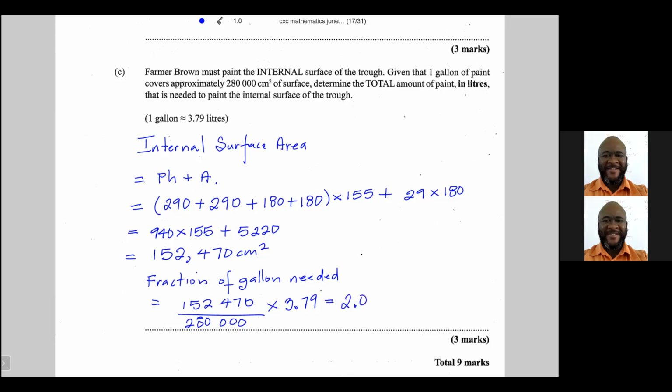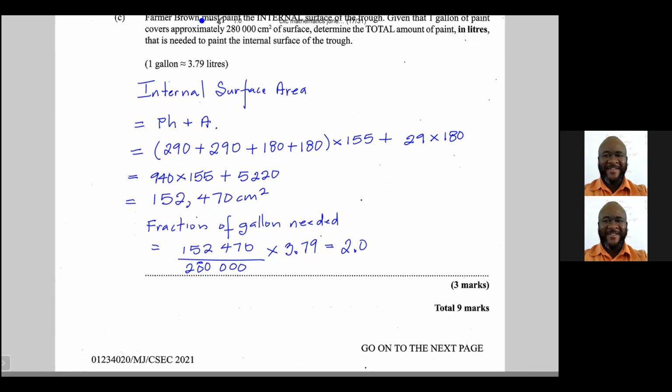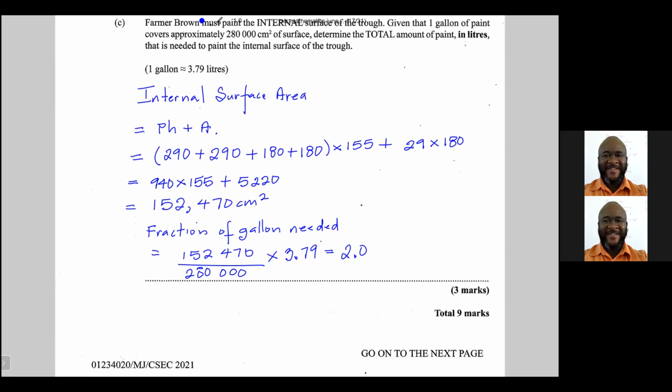And they want the answer to how? They can tell us how they want the answer. So let's give our answer to 3 significant figures. According to this, our answer is 2.06 liters is needed to paint the internal surface of 1 trough.